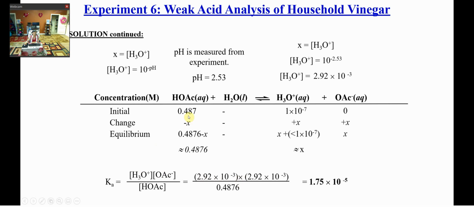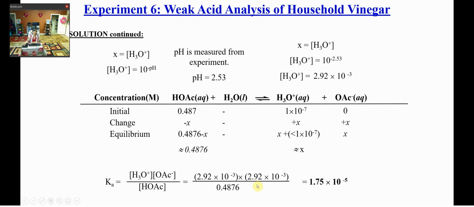Your Ka expression for this acetic acid dissociation equals your hydronium concentration times acetate concentration divided by acetic acid concentration. You know this X value, which you found by measuring the pH and then calculating the concentration.